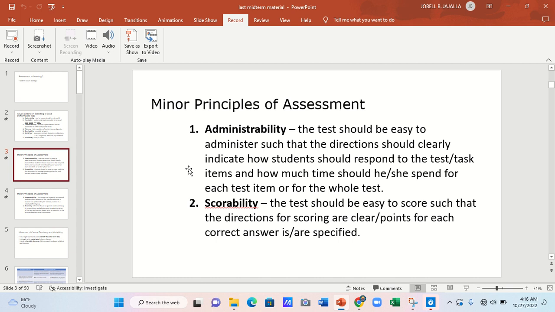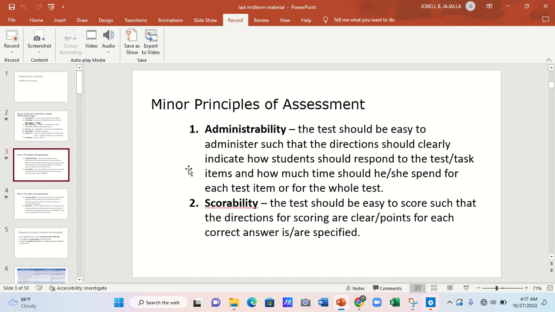Aside from clear instructions, they also have a problem specifying the corresponding number of points that can be obtained from each item. So that is most commonly forgotten by students. Now, where should we usually place the point system?